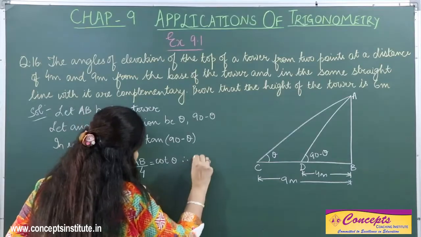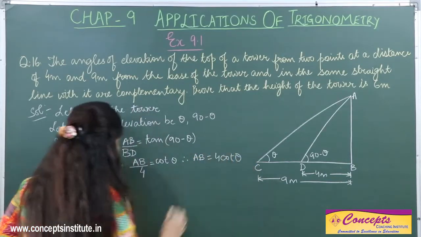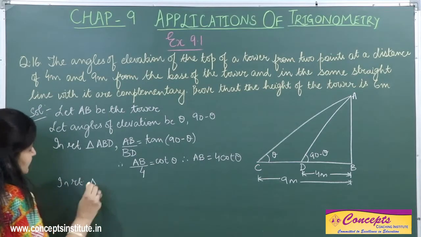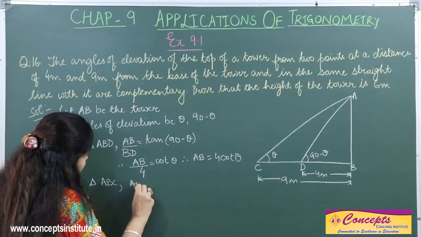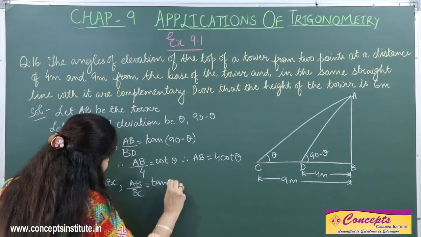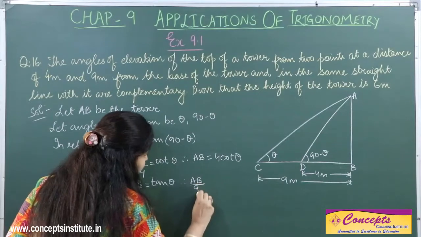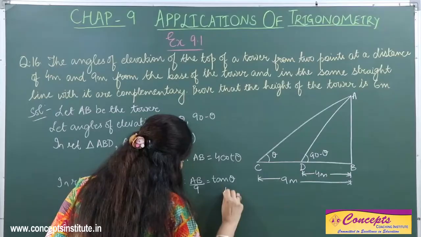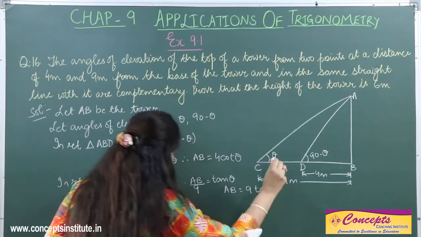So therefore AB equals 4 cot theta. I am going to apply the same in triangle ABC, and I would get AB upon BC equals tan theta. So AB upon 9 equals tan theta. So I can say that AB equals 9 tan theta.